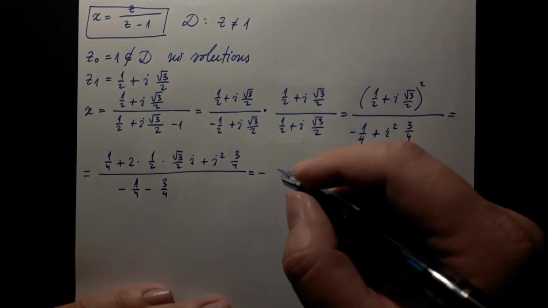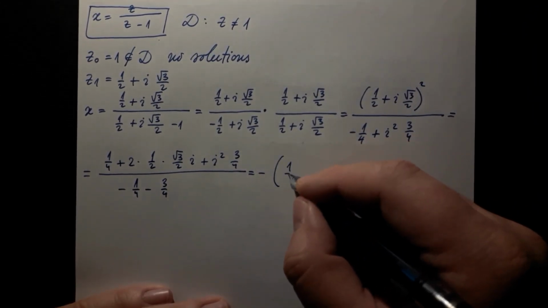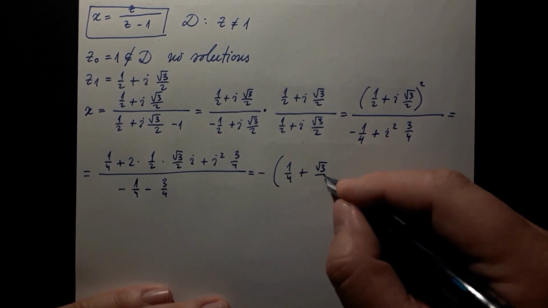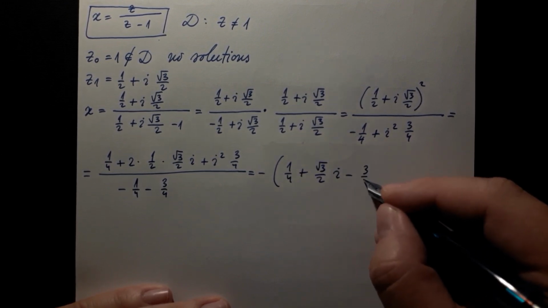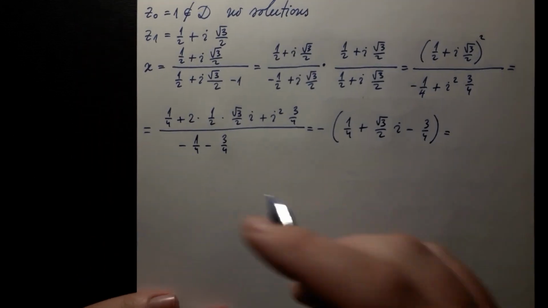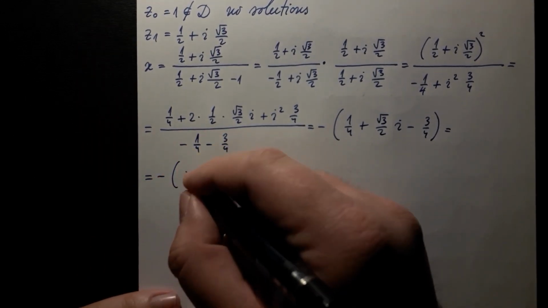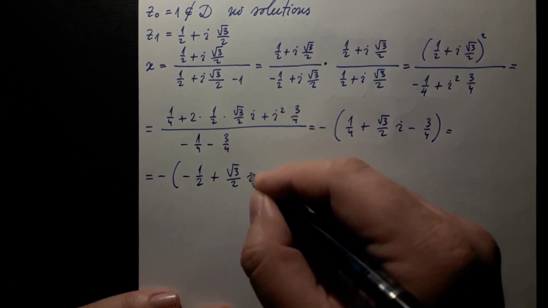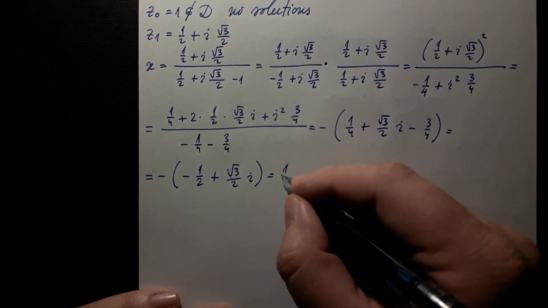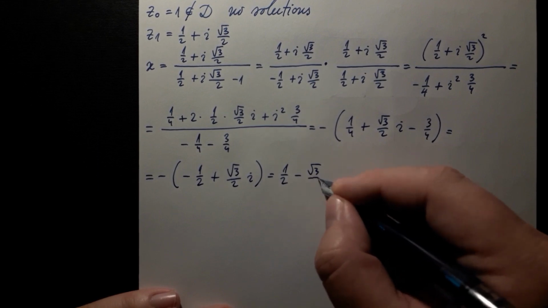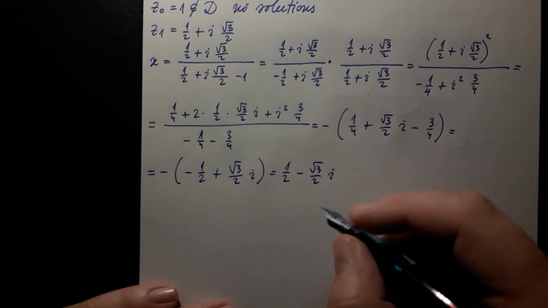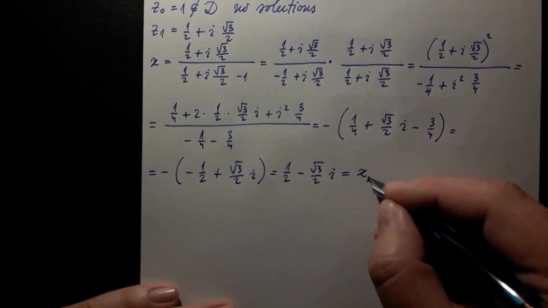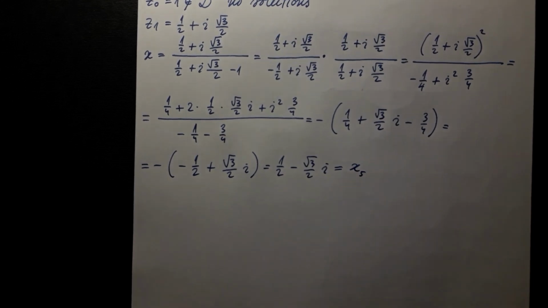This is 1 basically, and we are left with 1/4 plus square root of 3 over 2 I minus 3/4, which is then equal to negative 1/2 plus the square root of 3 over 2 I, which is then equal to 1/2 minus the square root of 3 over 2 I. And this was the x5 solution from our first method.